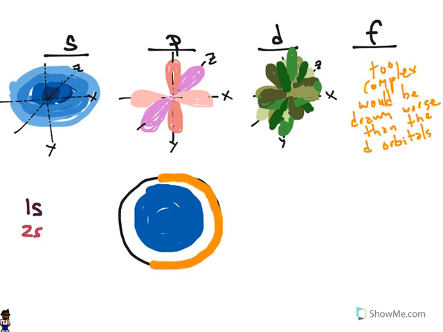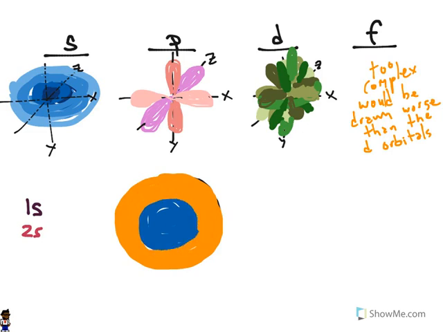So let's just draw this out. All of this volume, including the volume in three-dimensional space of the 1s orbital, belongs to the 2s orbital. I'll leave that inside there, just so you can see how in that first energy level the 1s orbital is present, and you get the 2s orbital, which is a lot bigger.